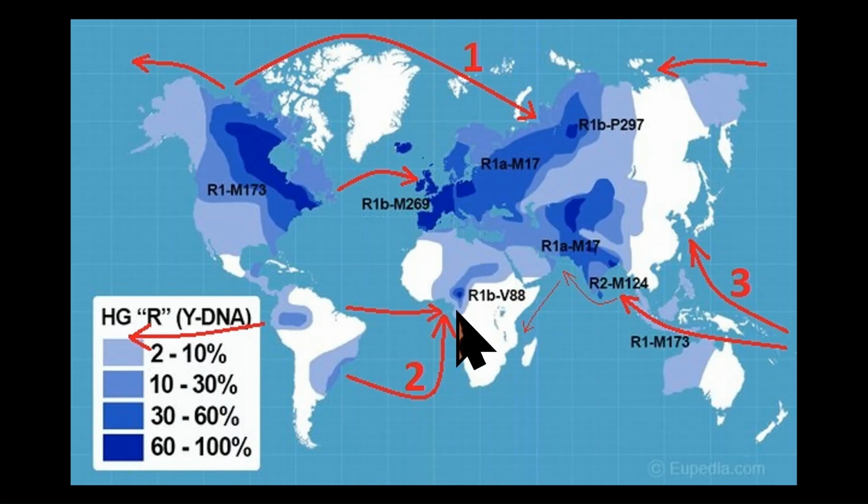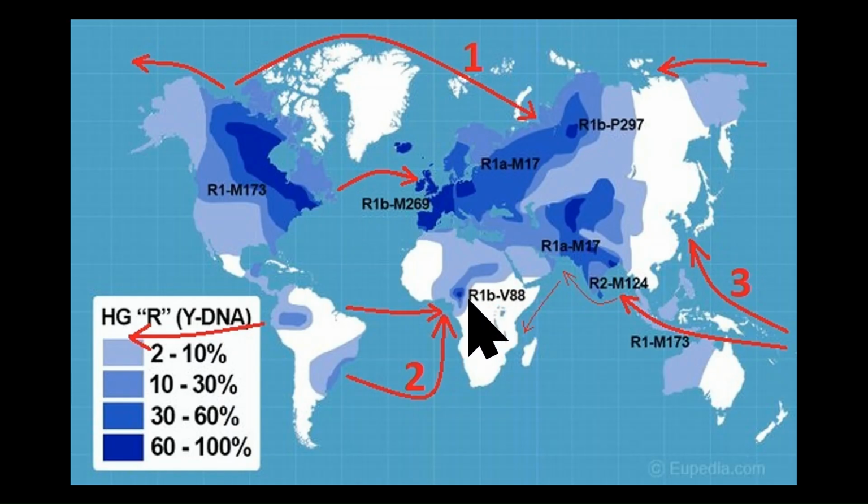What calls our attention is that while haplogroup R is the most dominant haplogroup in the world today, amongst us 8 billion modern humans, it comes out of the Americas. It doesn't come out of Africa.